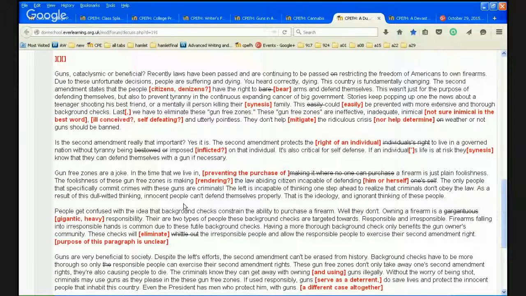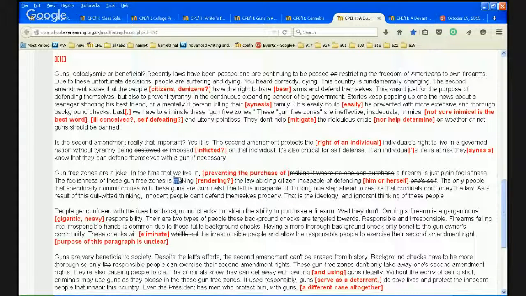This is one of those uses of "where" that really doesn't work, because we're not talking spatial relationships. We're speaking in a very colloquial, very informal and very imprecise language when we say that. So, preventing the purchase of a firearm. Do you see how that sounds better and works? Okay.